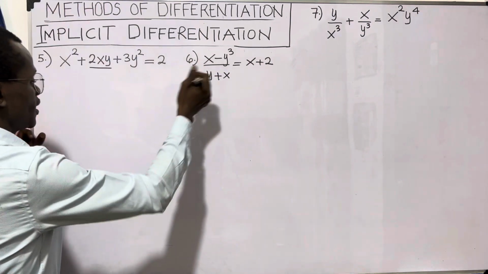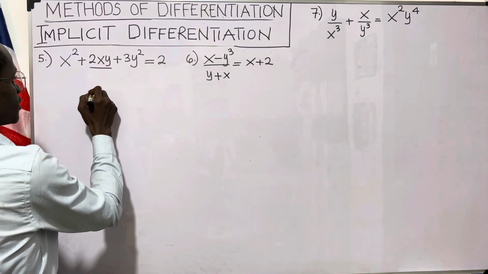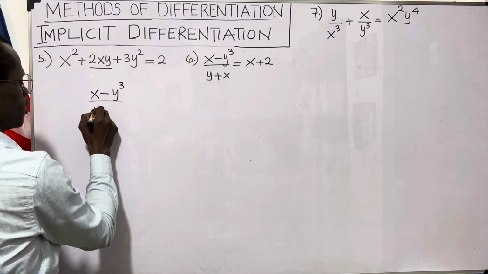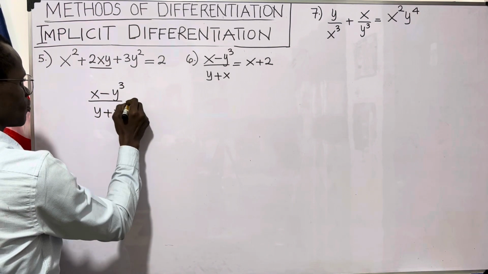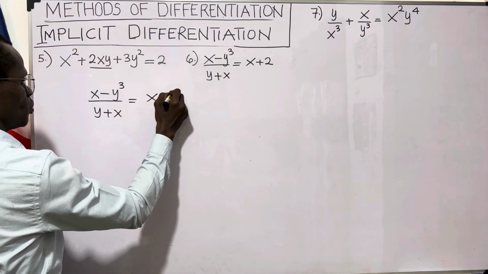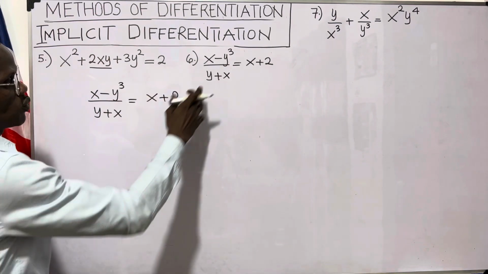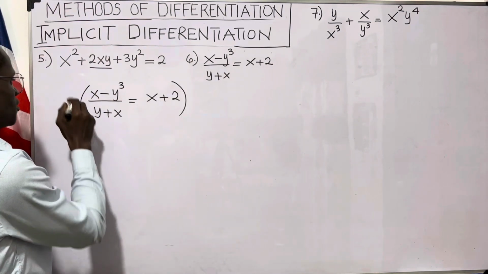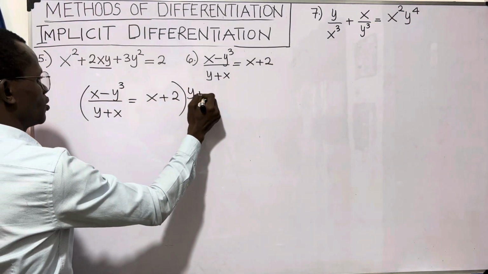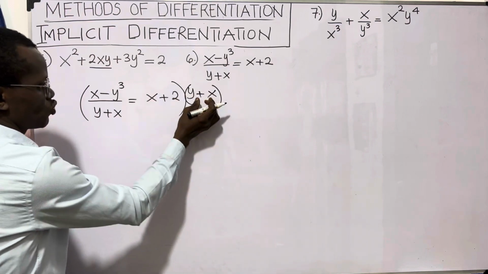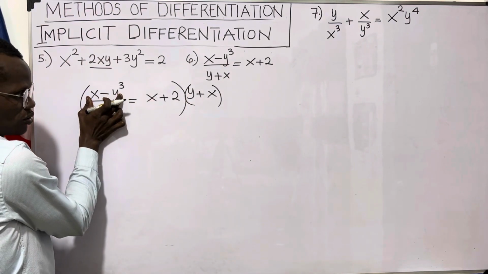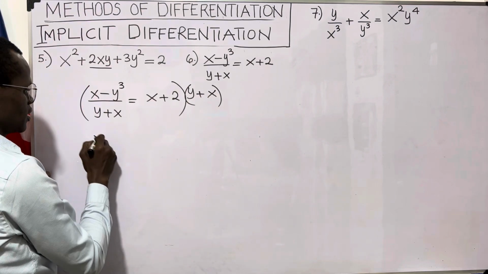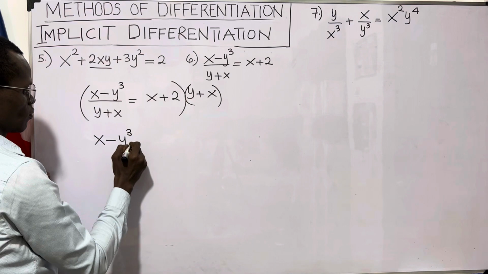So the next problem says x minus y cubed all over y plus x equals x plus 2. We can get rid of this denominator by multiplying all sides by y plus x. So y plus x times the first term, the y plus x and y plus x cancel, and you are left with x minus y cubed.